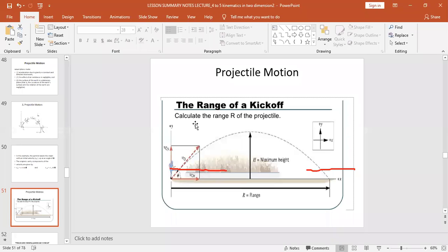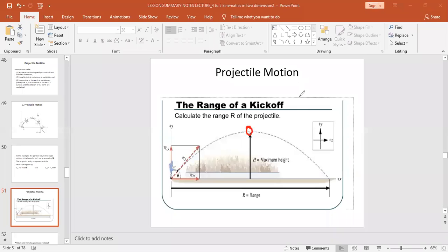There are key characteristics of interest. The first is the maximum height. How high can this ball go? That will be your maximum height.